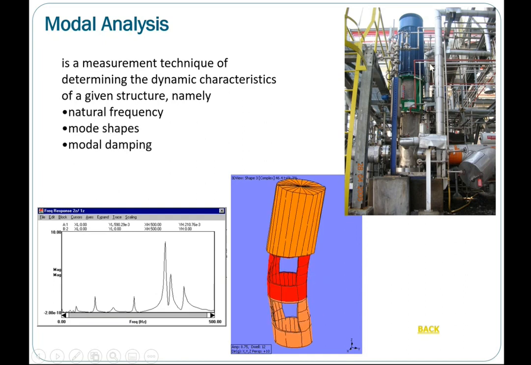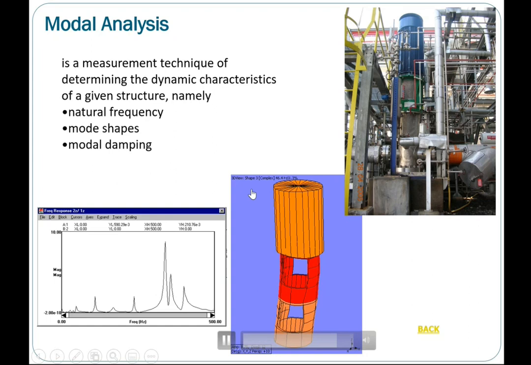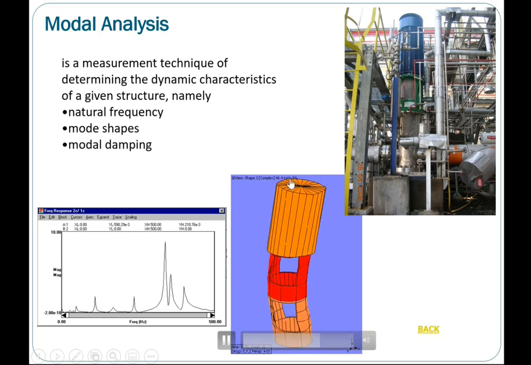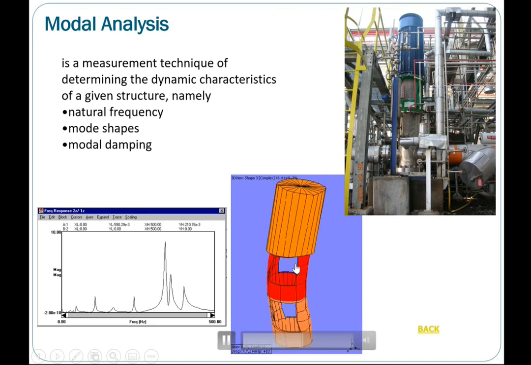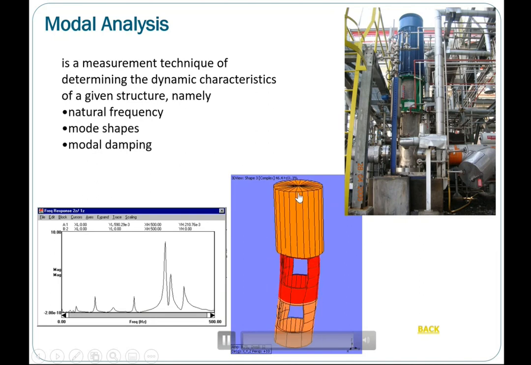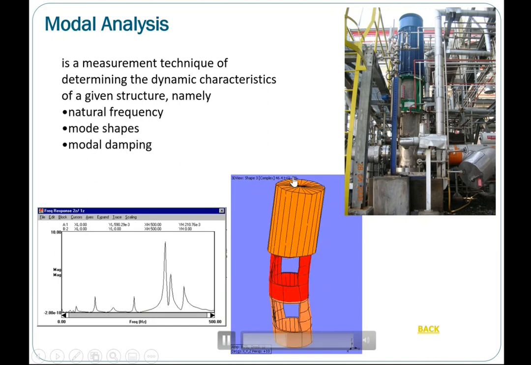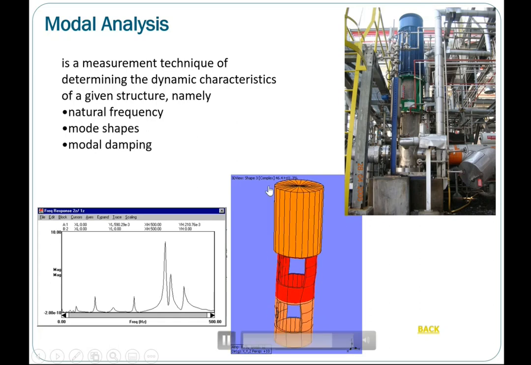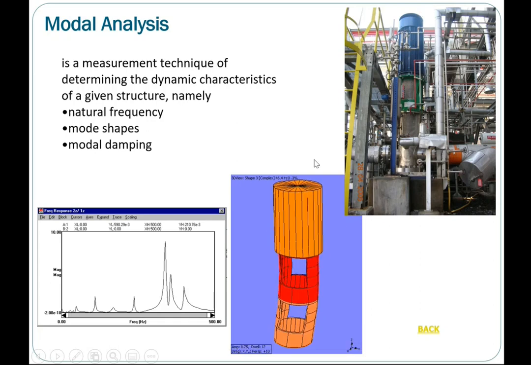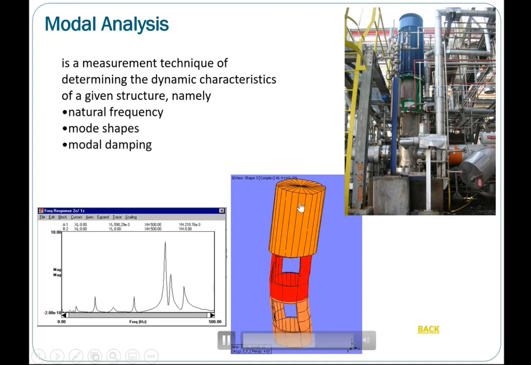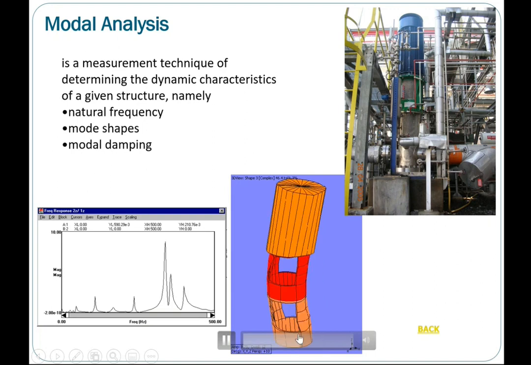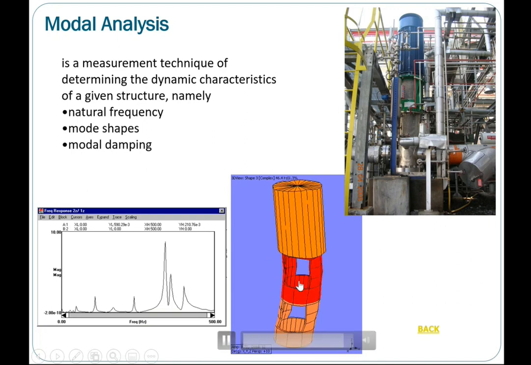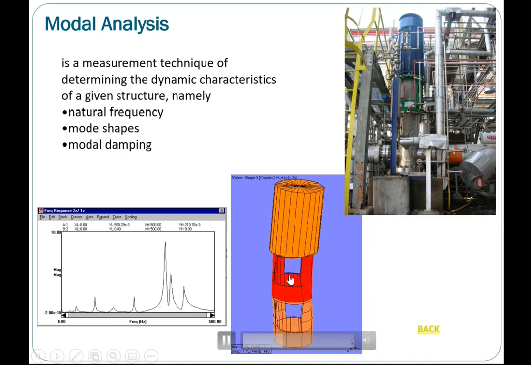From here, we know that this vertical pump has a natural frequency of 46.4 hertz, damping of 1.3%, and we see how it moves, how it vibrates. If I know this information, I know that if my pump motor is running at 46 hertz, I will see excessive movements contributed by this particular mode, dominated by this mode, where this particular pedestal part will have higher vibrations and motions.